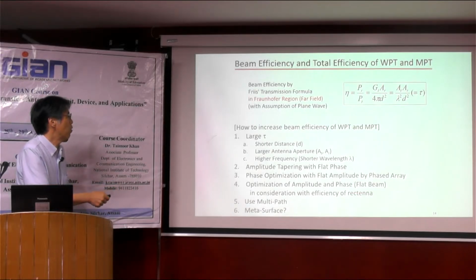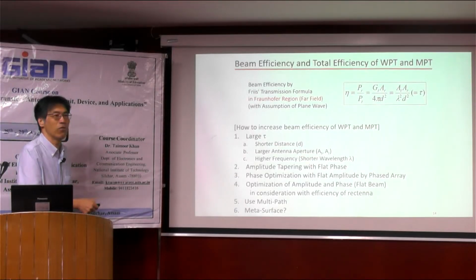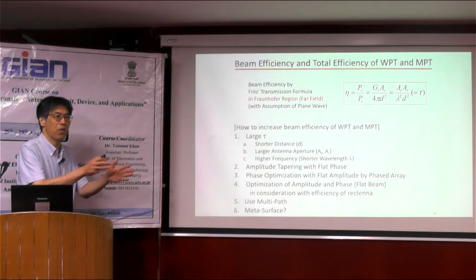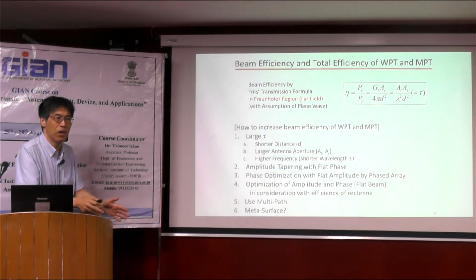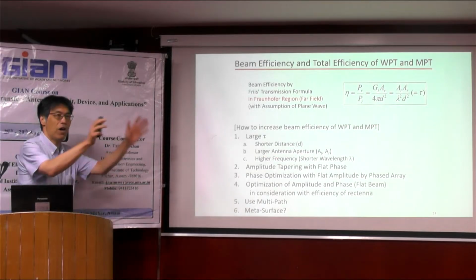So the only ways to increase the beam efficiency in far field, there is no doubt, we have only the 3 ways. We put a receiver at a very short distance. Of course, we have to stay in the far field. And we must use a larger antenna.